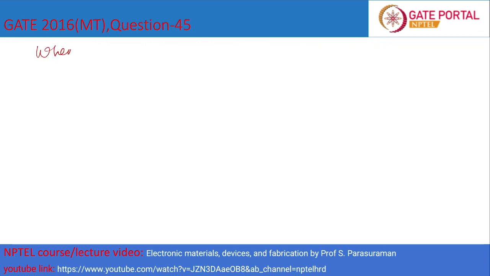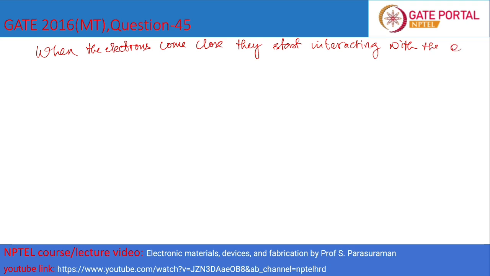When the electrons come close, they start interacting with the electrons and nucleus of other atoms.